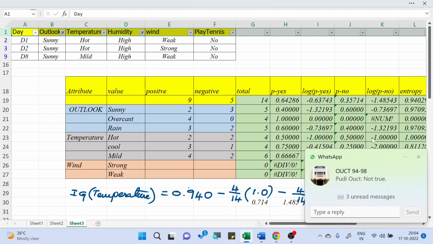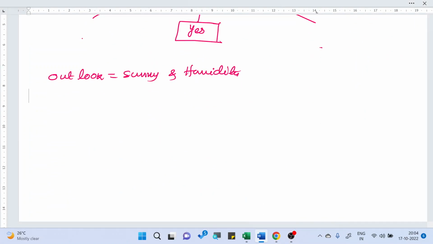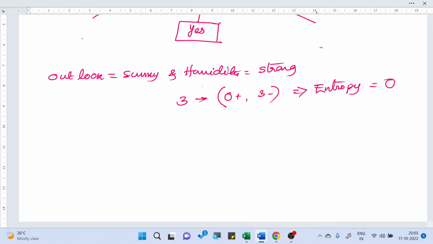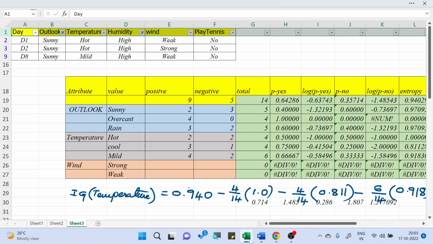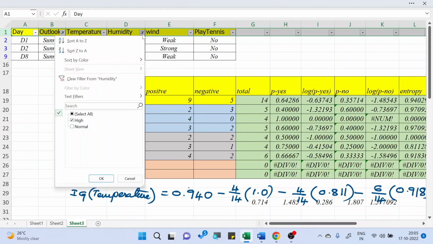When 0 and 3, what is the entropy? 0, right? Because it is pure. So humidity is equal to high, 3 examples, all the 3 are negative, 0 plus 3 minus, the entropy is 0. And outlook is equal to sunny, and the same, humidity is normal.